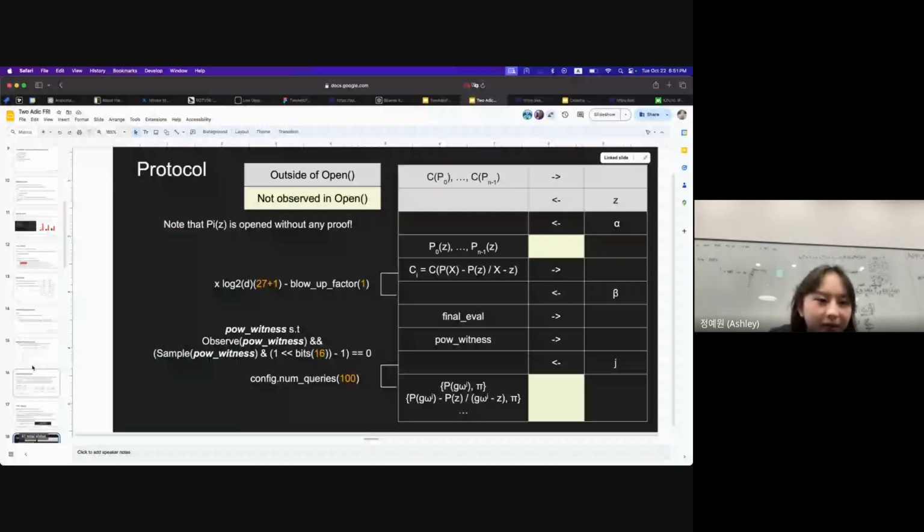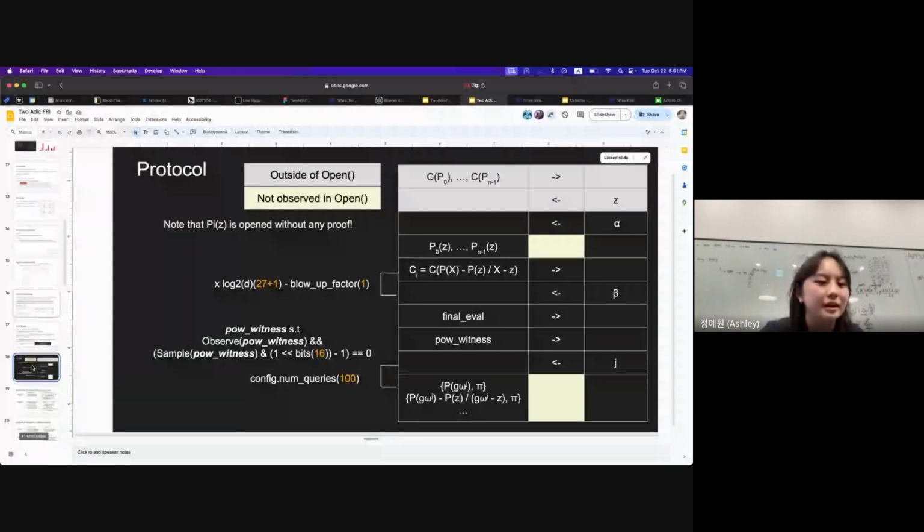And the next slides are pretty much just comparing SimpleFri to the How about also mentioning why they use the coset domain? I think that was just for security. Oh yeah, it's good to mention, but I don't think I have a slide.